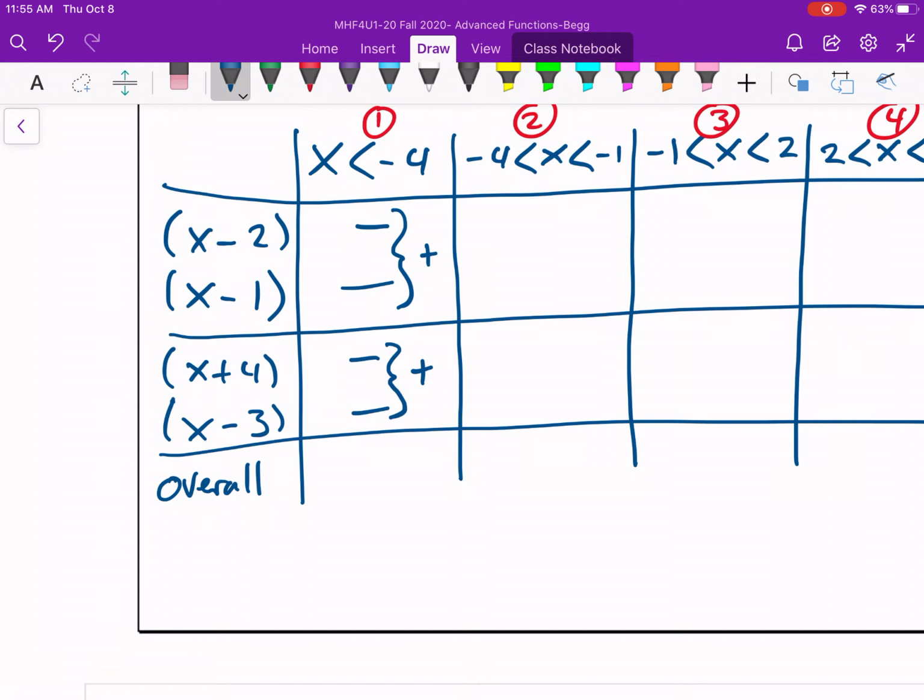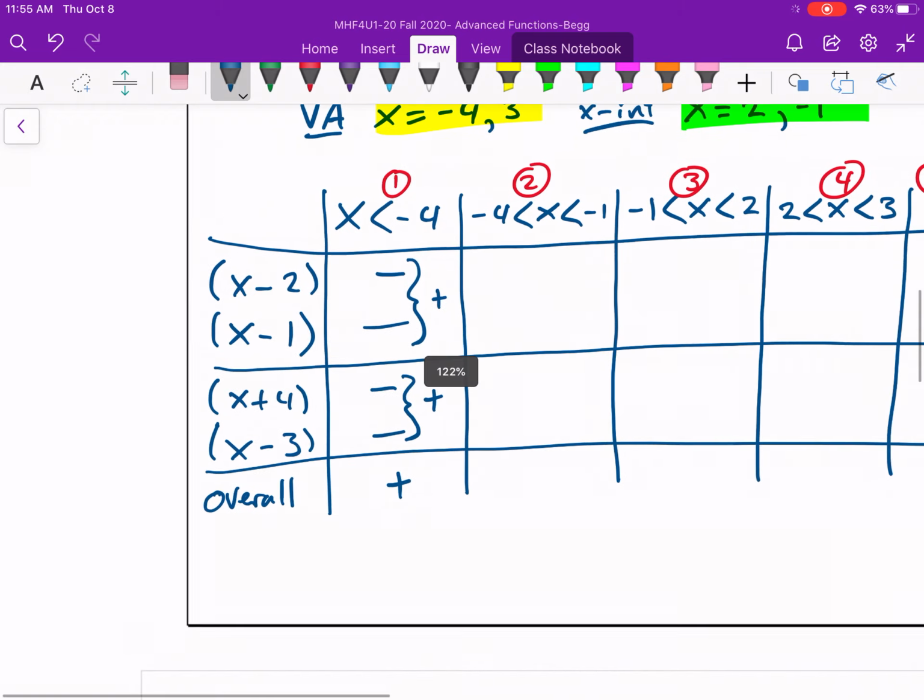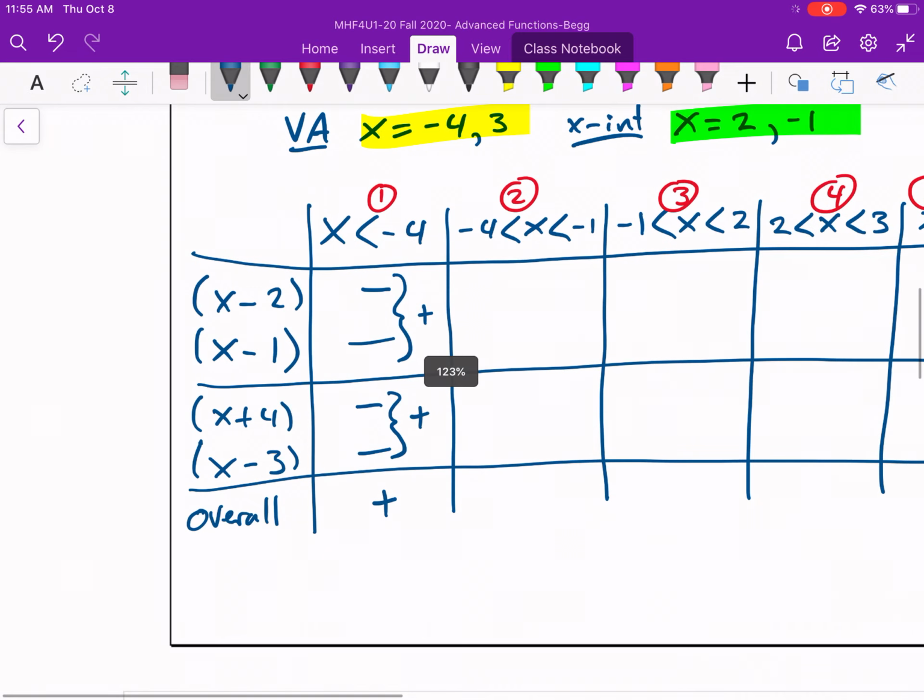So a positive number on my numerator divided by a positive number on my denominator is always going to turn out positive overall. So what I know for certain is it doesn't matter what the number is, as long as x is less than -4, the graph is going to be above the x-axis at that point.